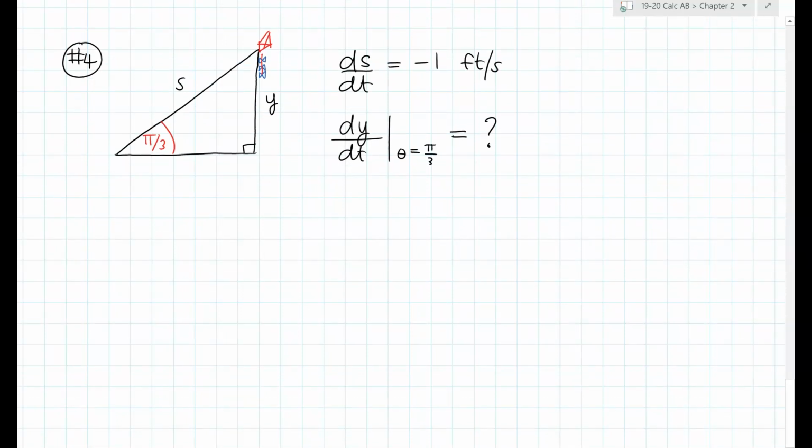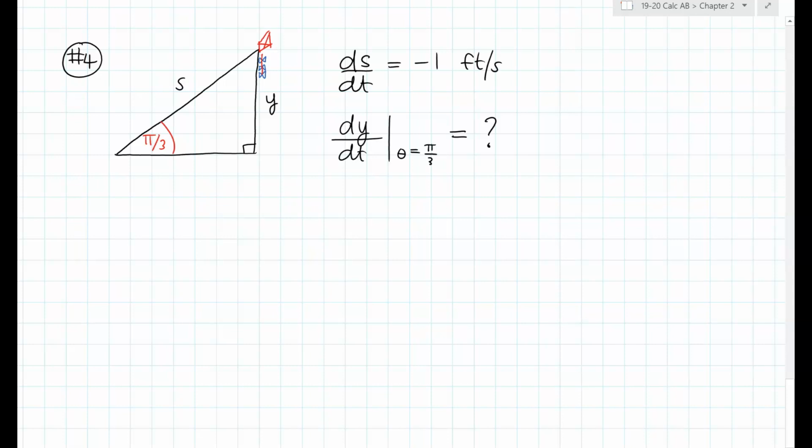Notice I don't need to include my x value here. I know we're dealing with the triangle, but I'm also dealing with angles. And they talked about the string, the hypotenuse. They talked about the height, my y. And I know trig functions that deal with opposite and hypotenuse, right?